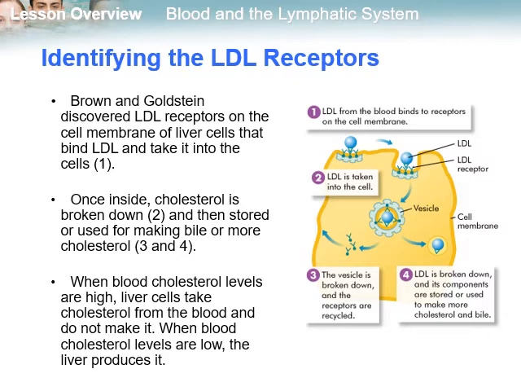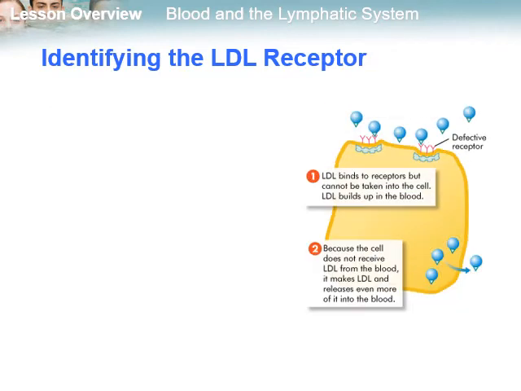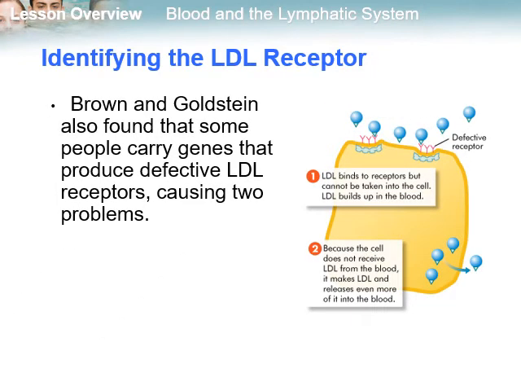When blood cholesterol levels are high, liver cells take cholesterol from the blood and do not make it. On the contrary, when blood cholesterol levels are low, the liver produces it. Brown and Goldstein also found that some people carry genes that produce defective LDL receptors, causing two main problems.